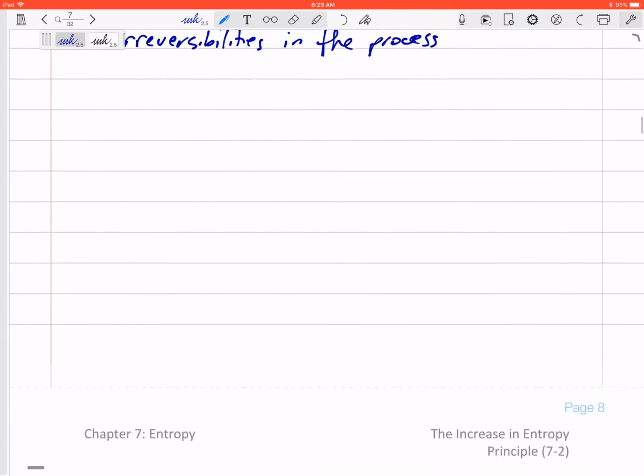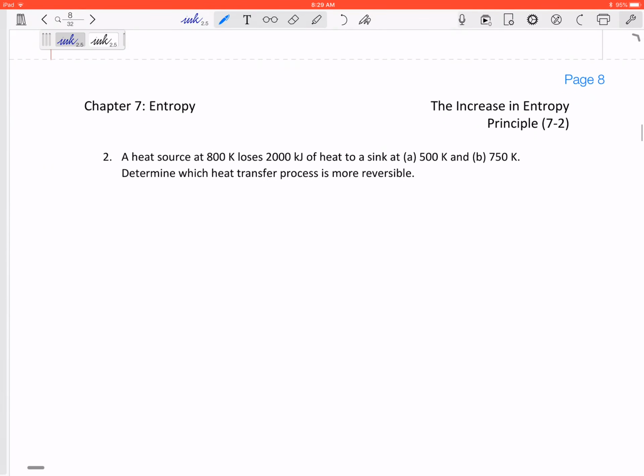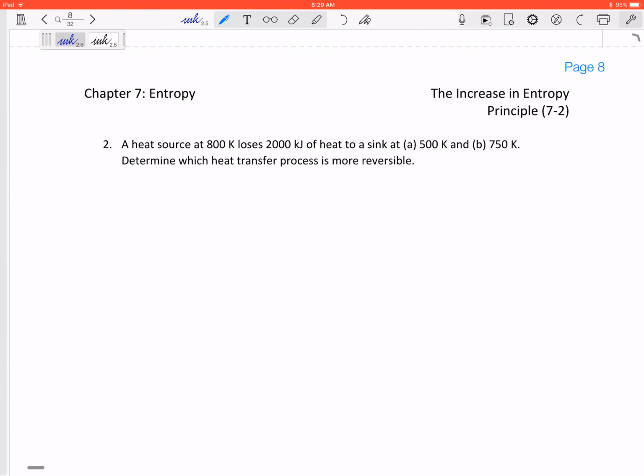All right, so let's look at some problems that deal with the increase in entropy. All right, so we've got a heat source at 800 Kelvin. It loses 2,000 kilojoules of heat to a sink at 500 Kelvin. And let's compare it to B, a sink at 750.